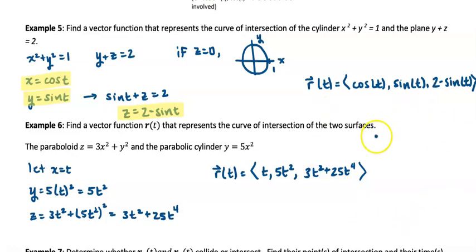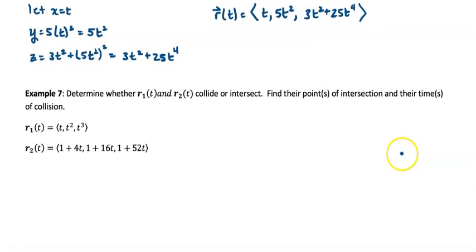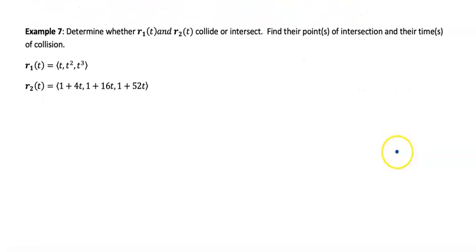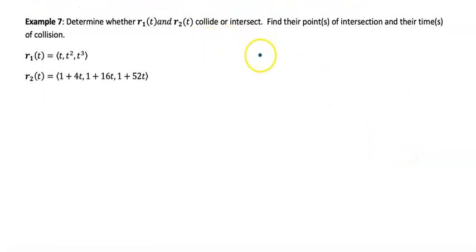So when we talk about two surfaces intersected, we want to look for that equation. When we talk about two curves colliding or intersecting, we have some time that this happens. So we're imagining that these have more to do with a traveling particle that is a certain place in a certain time. So we want to find their points of intersection and their times of collision if these occur.